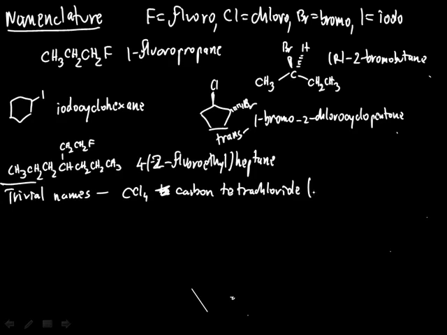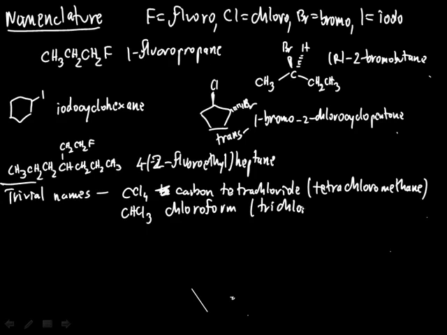The IUPAC name for this will be tetrachloromethane. Another example of a solvent is this molecule of chloroform, which we already mentioned, which will be trichloromethane. And then methylene chloride, also a common solvent, and systematically known as dichloromethane.